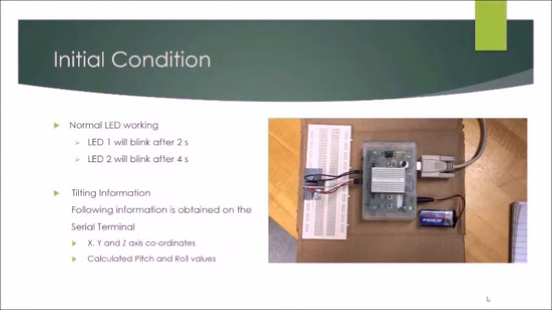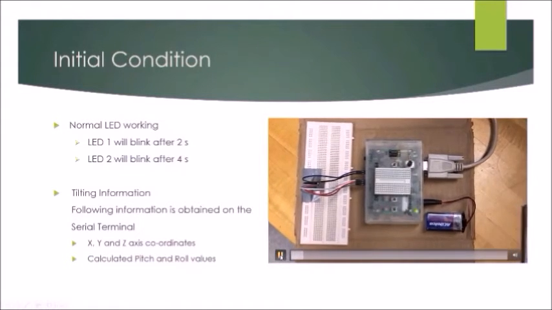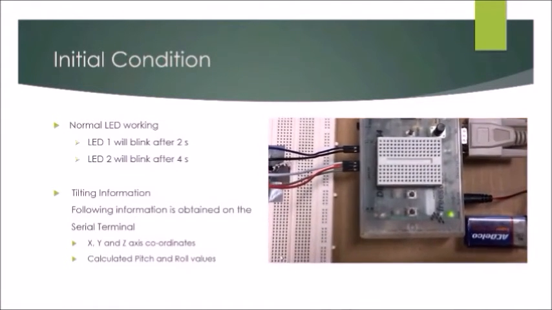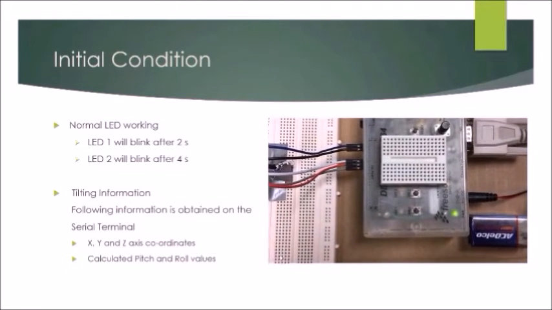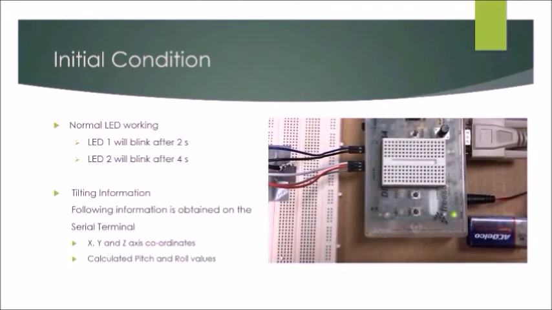When there is no input from the user and the code is working on the microcontroller board, the normal LED working is that LED 1 will blink every 2 seconds and LED 2 will blink every 4 seconds, and simultaneously the tilting information will be sent to the terminal. In this video we can see LED 1 blinking every 2 seconds and LED 2 blinking every 4 seconds.